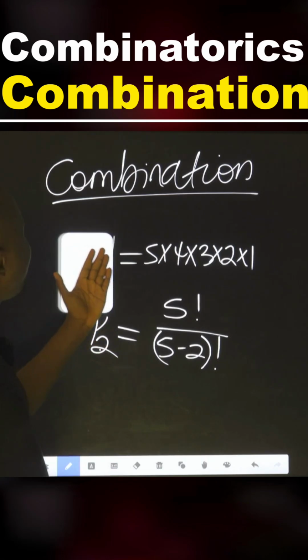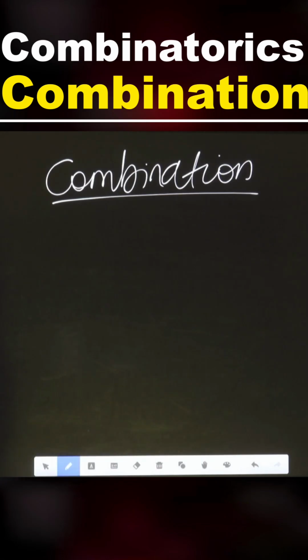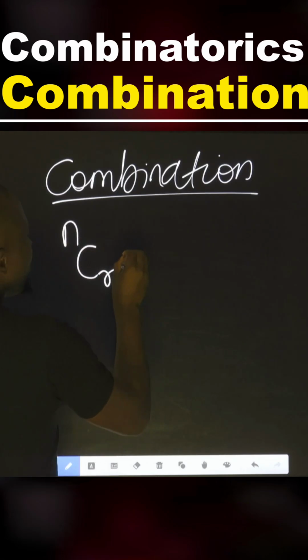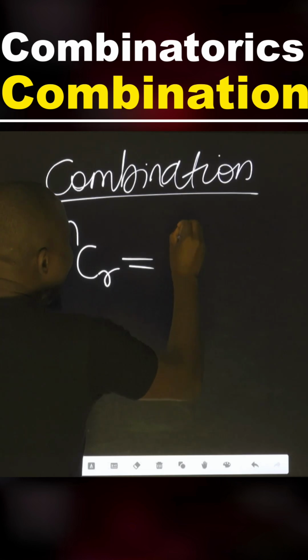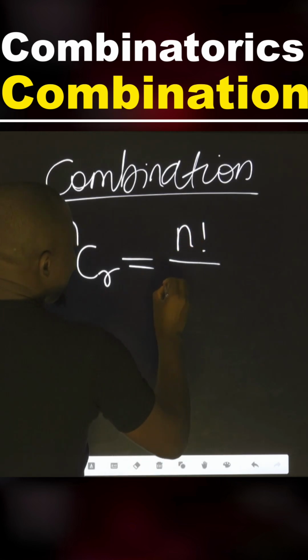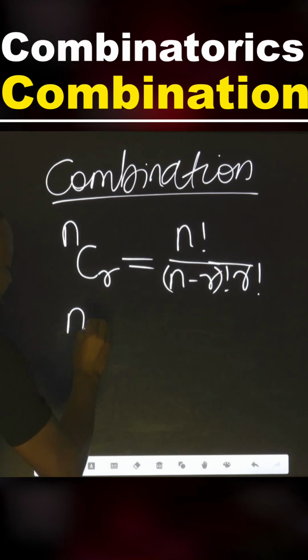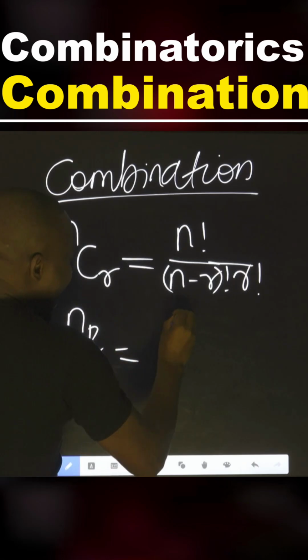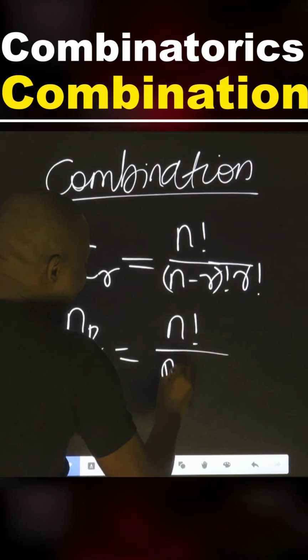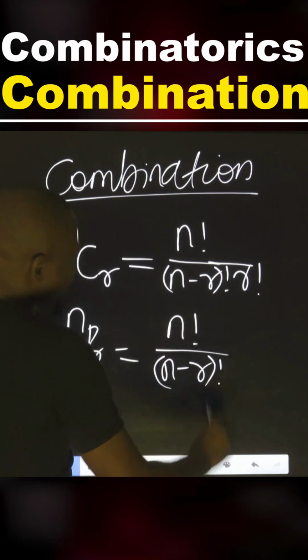What is combination? When you say n combination r, we are simply saying n factorial over n minus r factorial, r factorial. Remember, permutation simply means n factorial over n minus r factorial.